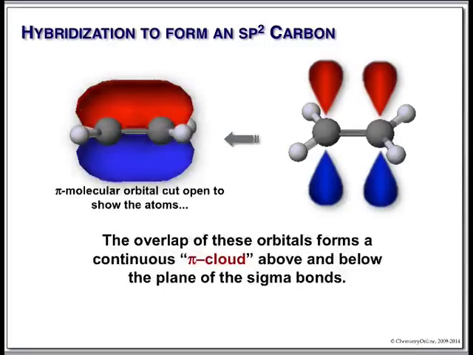We cut this open. Again, this is our sigma bond. These are all of our sigma bonds. They're from our sp squared. And our pi bonds are constructed from our leftover p orbitals. Now the pi bonds, like we saw in the last chapter, are important because this is where the electron density is going to be.